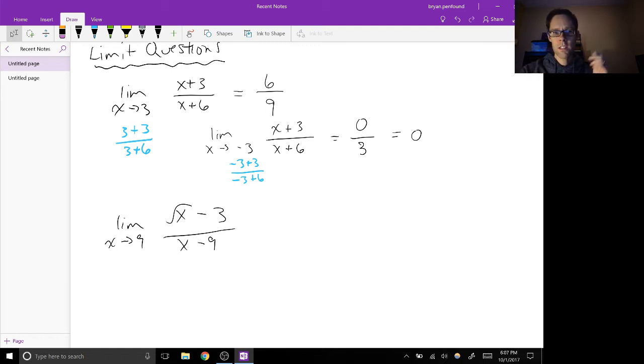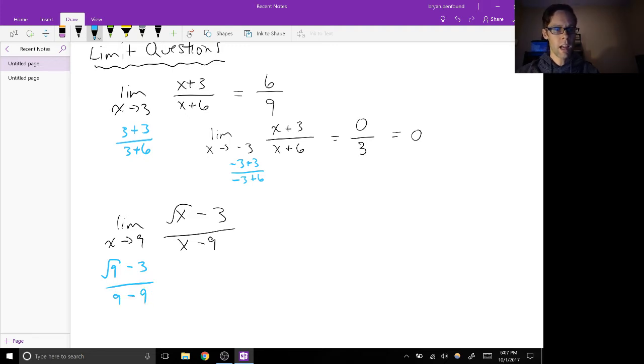Okay, so next up, let's look at this limit involving a square root of x. If we can't use direct substitution, I'm thinking in the back of my head that maybe working through a conjugation might be helpful. So let's do a direct substitution of x equal to 9 and see what happens.